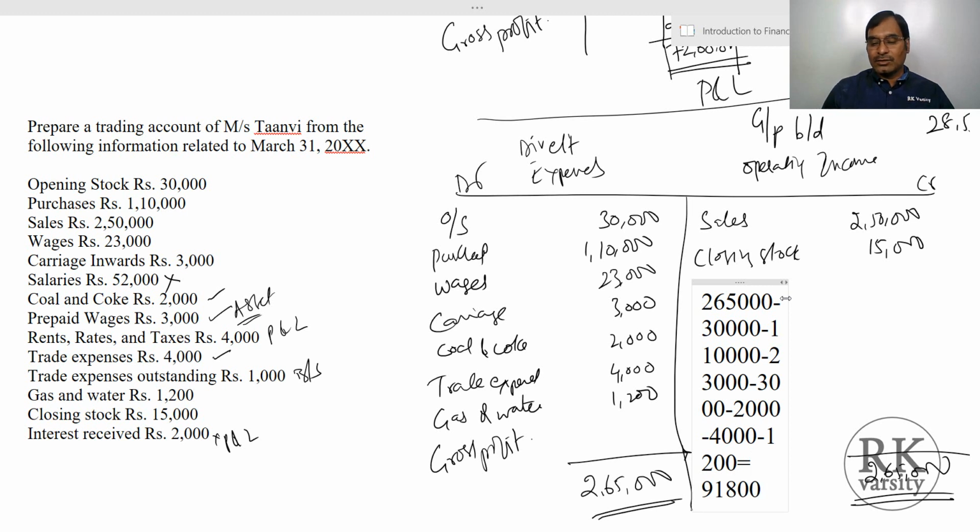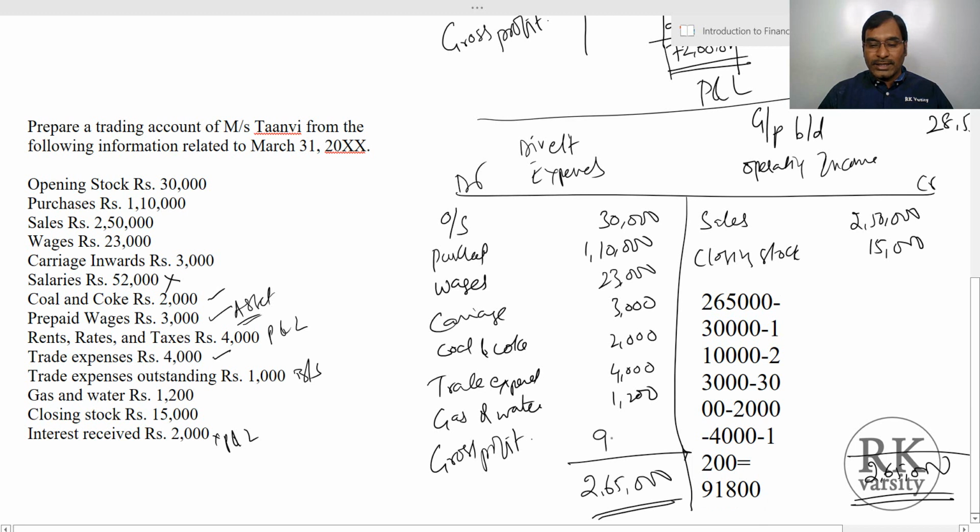So this gives you 91,800. So 91,800 is your gross profit.